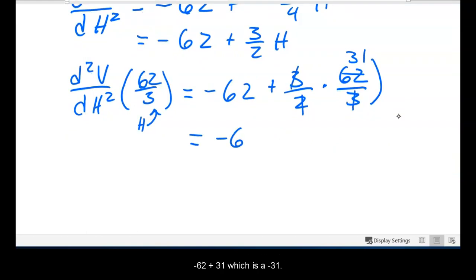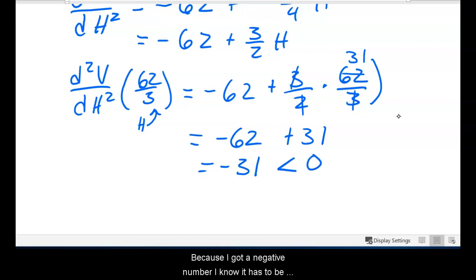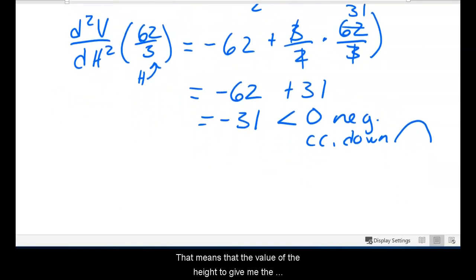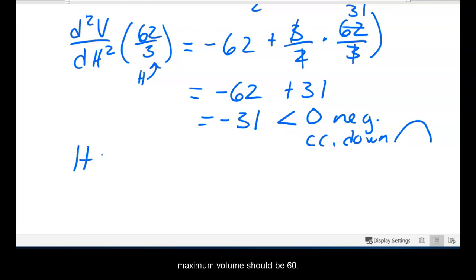This gives me negative 62 plus 31, which is a negative 31. Because I got a negative number, I know it has to be concave down, which means that I must have a maximum in the volume at 62/3. That means that the value of the height to give me the maximum volume should be 62/3.